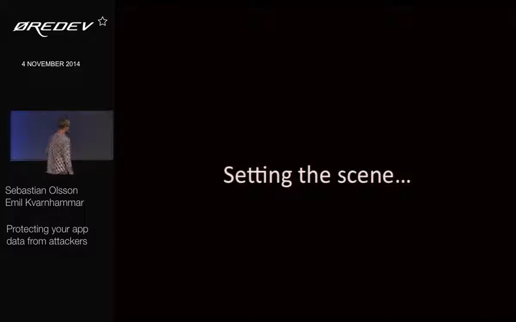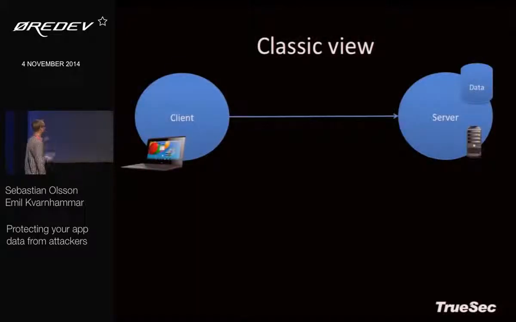Before digging into the technical details of what protecting the app data means, we'd like to set the scene. This is a very traditional view of how a system works. We have some kind of client connecting to a server, consuming some content, updating some content.